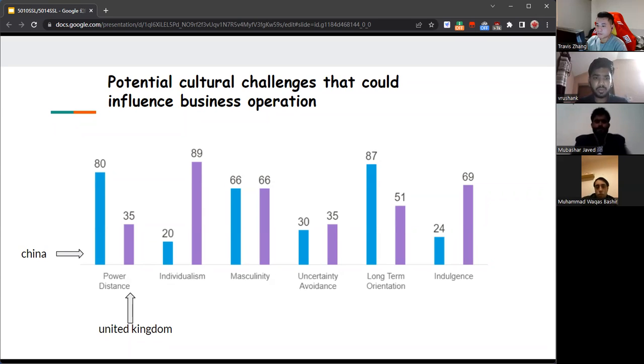If we discuss power distance, we can see China is far higher than the United Kingdom in the dimension called power distance. At the same time, China is very low compared to the United Kingdom in individualism, and in masculinity they share the same percentage. Can we go to the next slide?